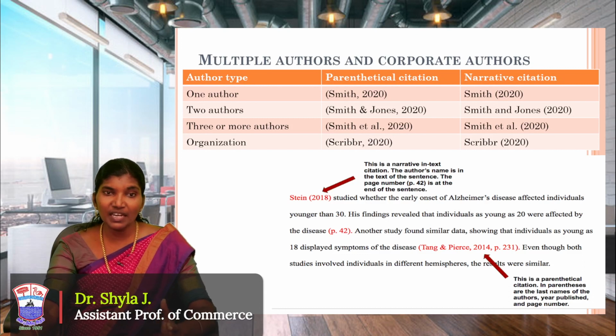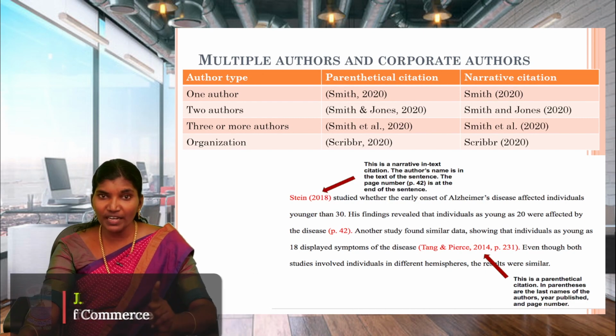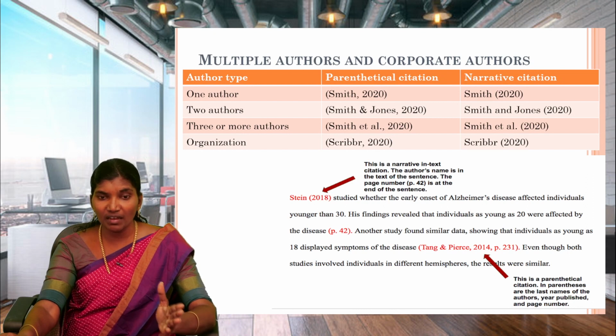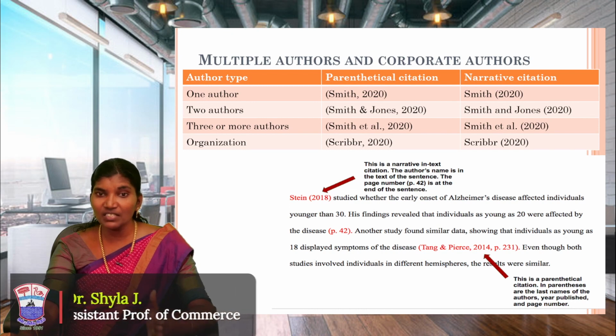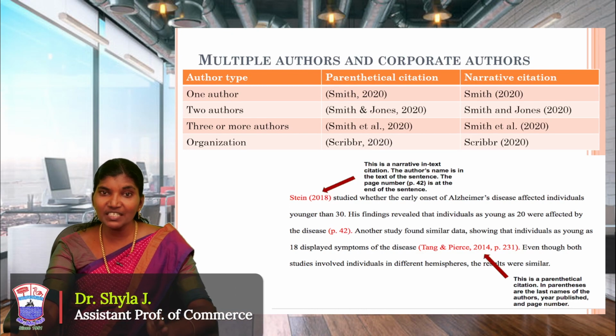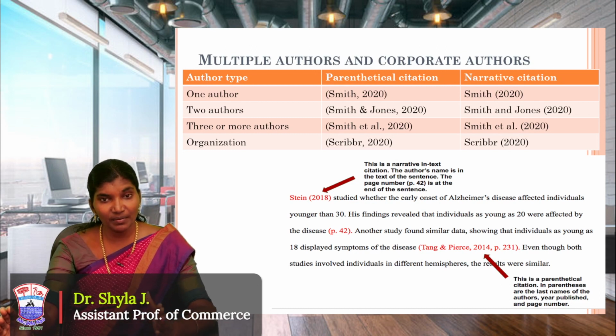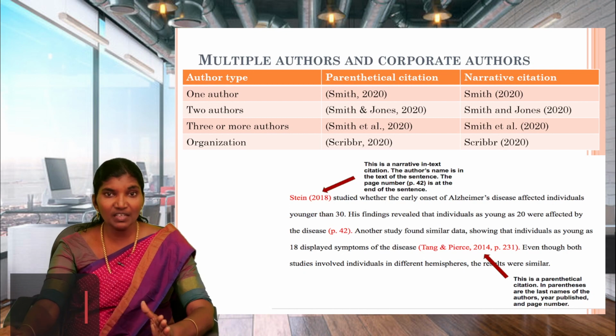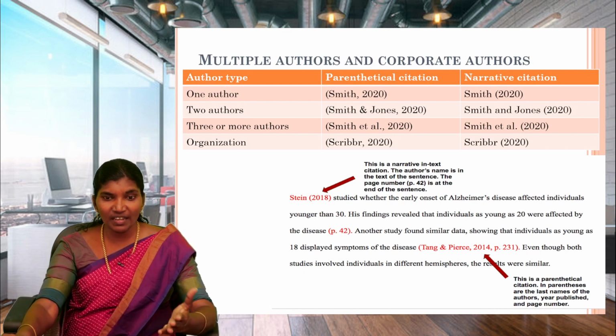And if your content is taken from work written by three or more authors, you write the first author's name, that is Smith, and the second and third authors' names need not be mentioned. Instead you mention et al., which means this information was contributed by three or more authors. Again it is enclosed within the parenthesis, and in the narrative citation only the year of publication is shown within the parenthesis, and the same applies to an organization as well.